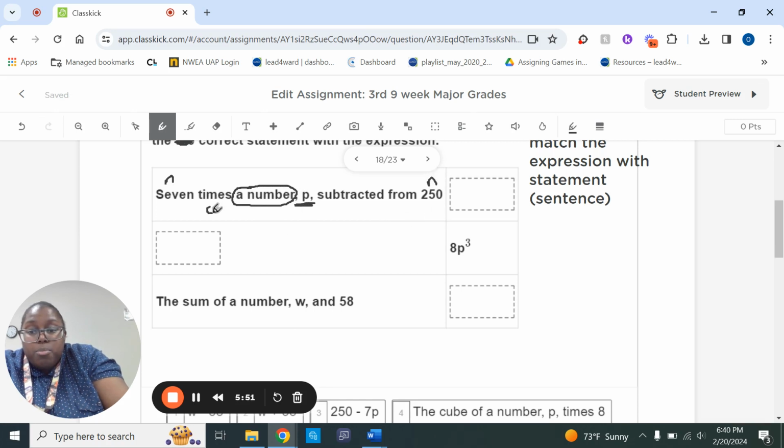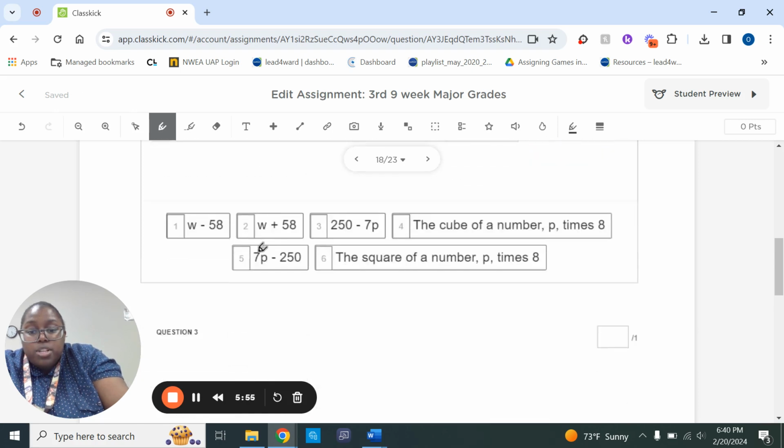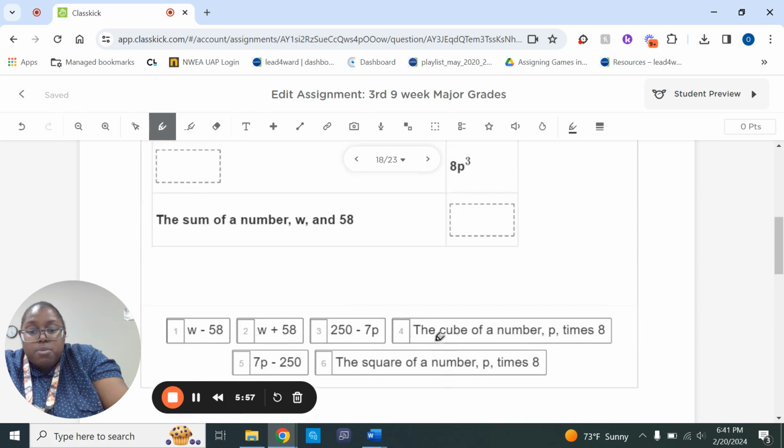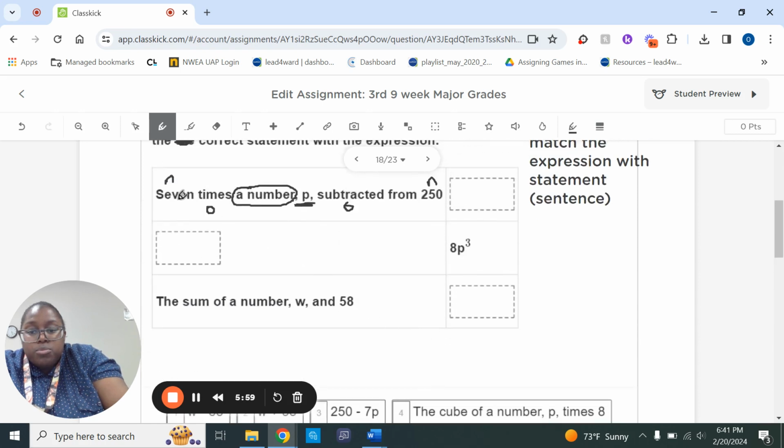Here we have an operation, and here we have an operation. So when looking at the answer choices, you are looking for one where it has two numbers, one variable that's P, and two operations. Now remember how I told you when reading this what you're supposed to do with the subtracted from. So remember, subtracted from, so what is going to go first? Remember.